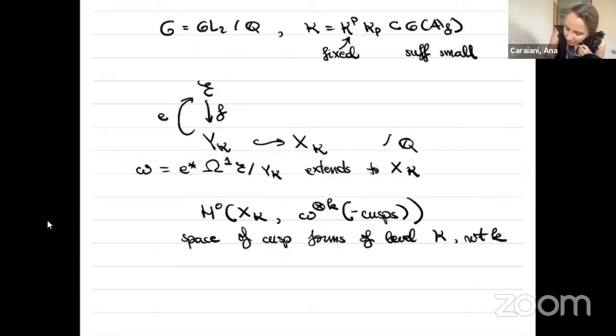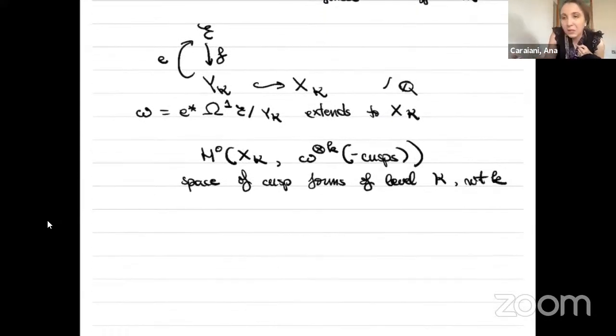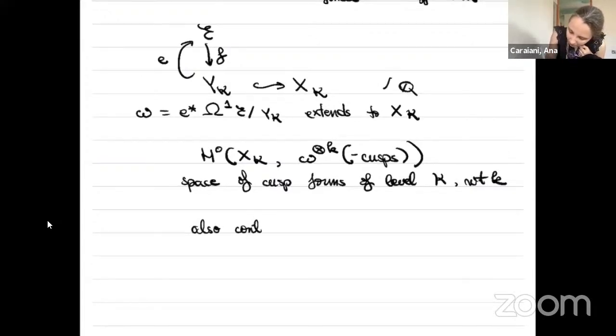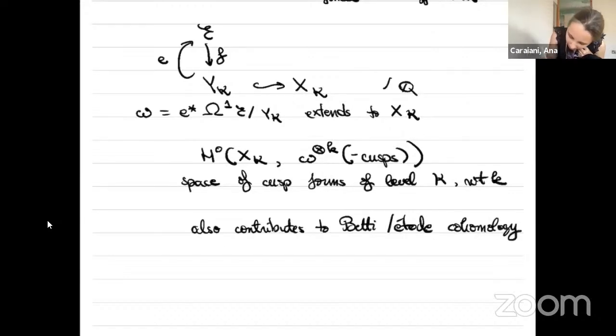But the space of cusp forms, if you think about it this way, is something that is defined using the coherent cohomology of the modular curve. But of course, this also contributes to the Betti or the étale cohomology, of X_K, or here I can put Y_K, via the Eichler-Shimura isomorphism.